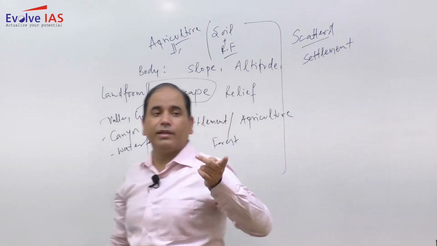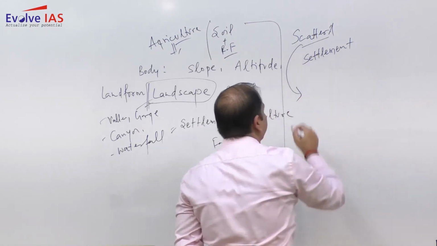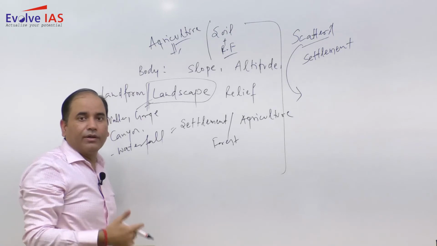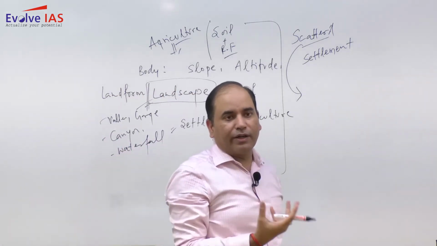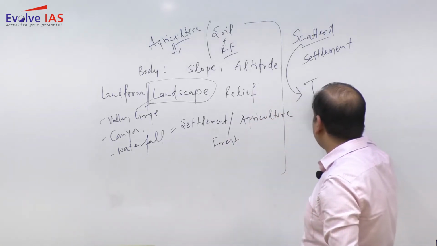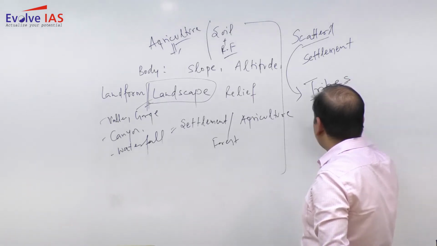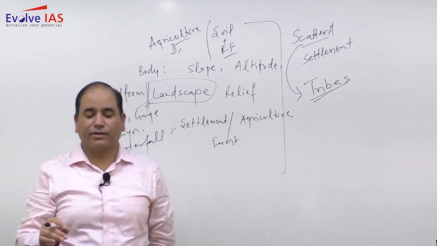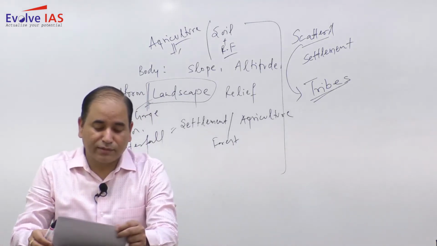And invariably throughout the planet you will find most of the mountainous areas have steep slopes, high altitude, very rugged topography, harsh physiography, and harsh climatic conditions. So here you will find the majority of these areas are inhabited by tribes. Tribal population is dominant. So this is how you can tackle this question.